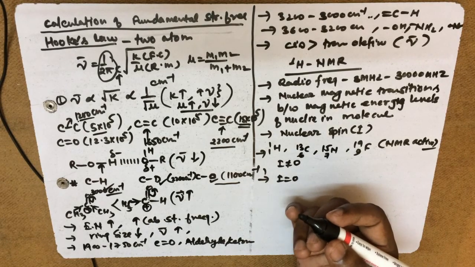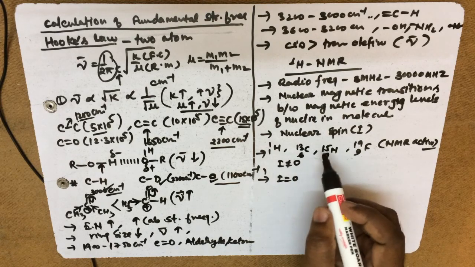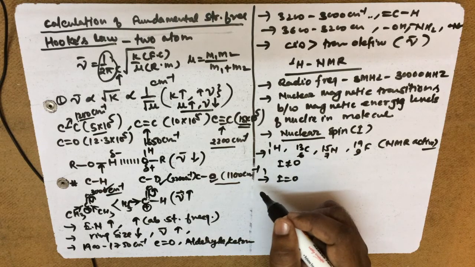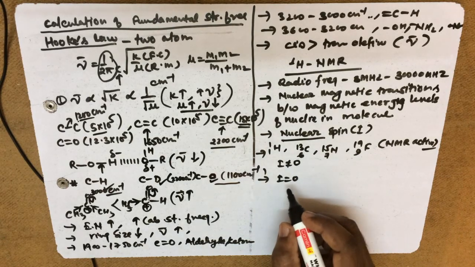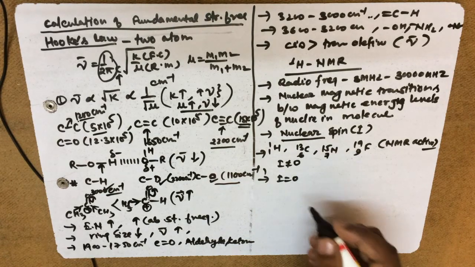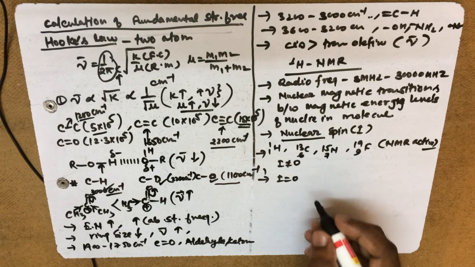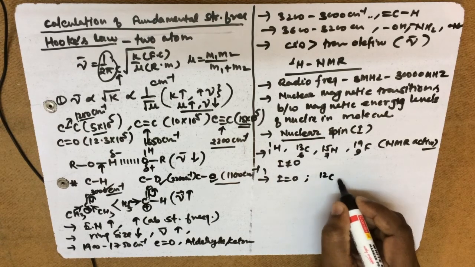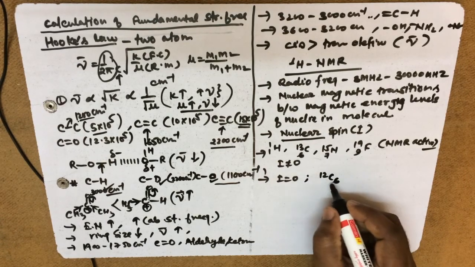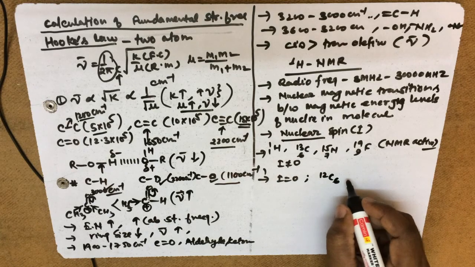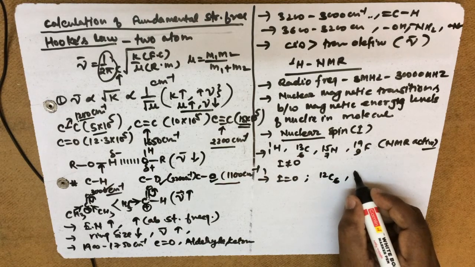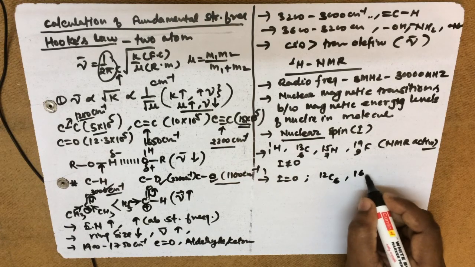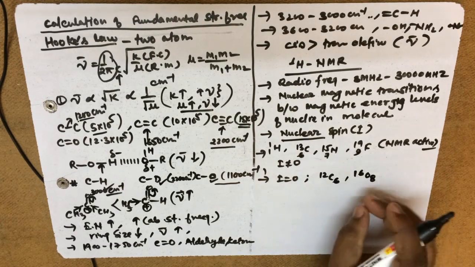Those compounds having nuclear spin value I equal to 0 are the ones where the mass number and atomic number are both even. For example, carbon-12 (6) has mass number and atomic number both even, so it is NMR inactive. Oxygen-16 (8) is also NMR inactive.